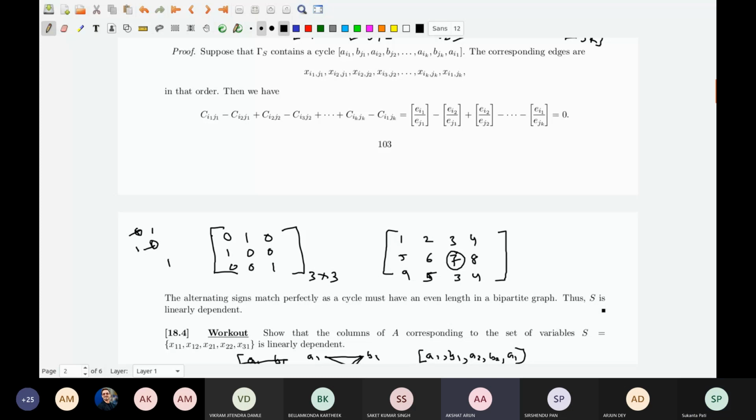Why are you doing that? Because that is the elementary row operation. You multiply this matrix, what is the result? 0 times 1, 1 times 5, 0 times 9. You will have a 5 here. You will have 5, 6, 7, 8, and then 1, 2, 3, 4, 9, 5, 3, 4.